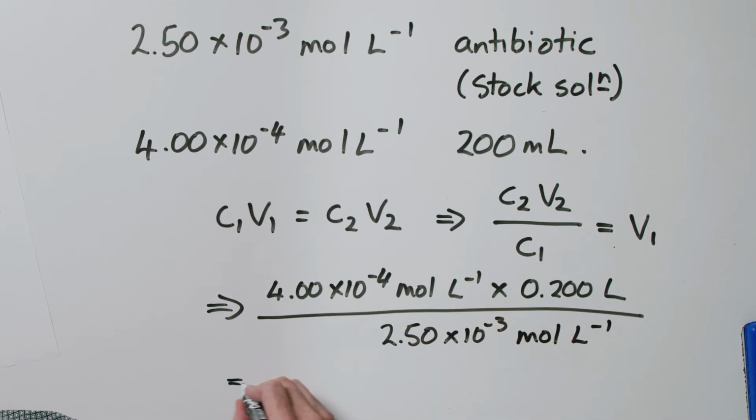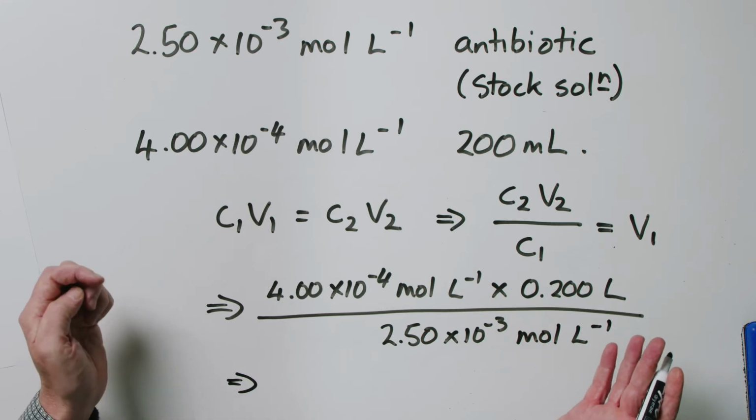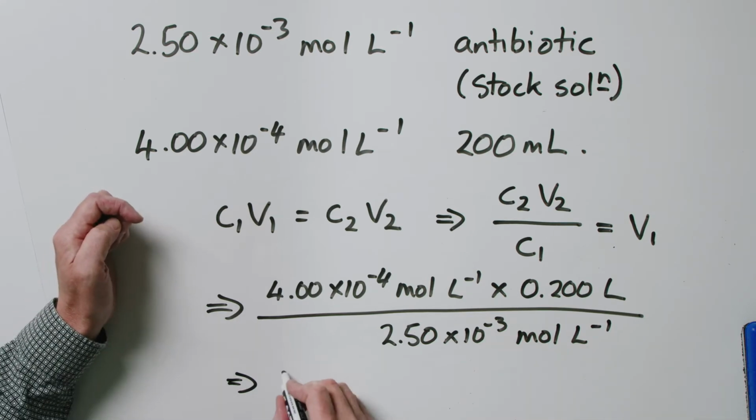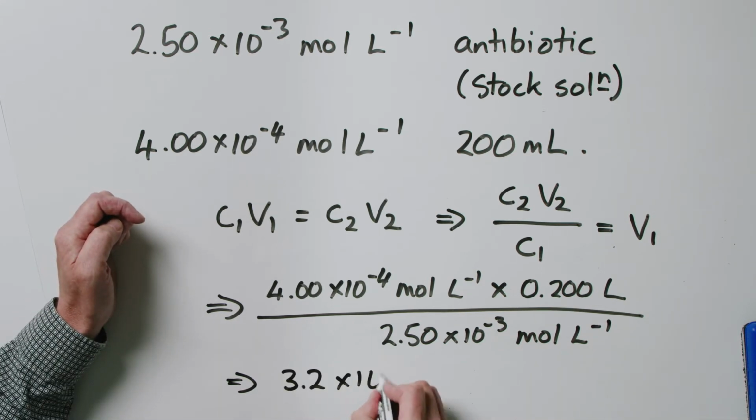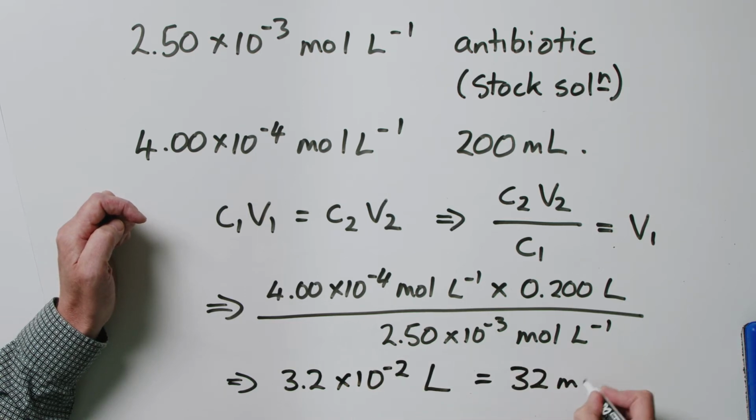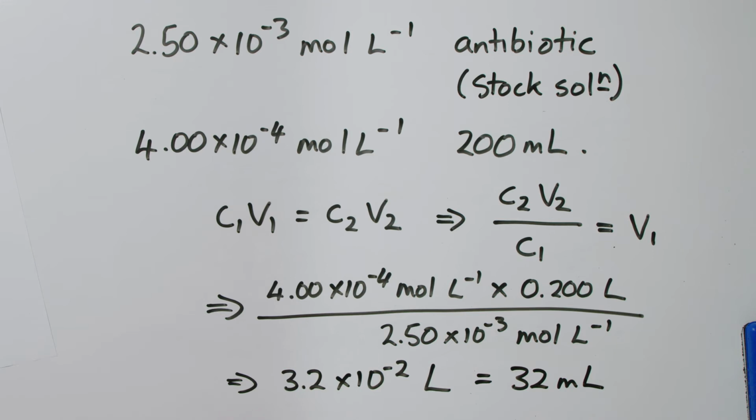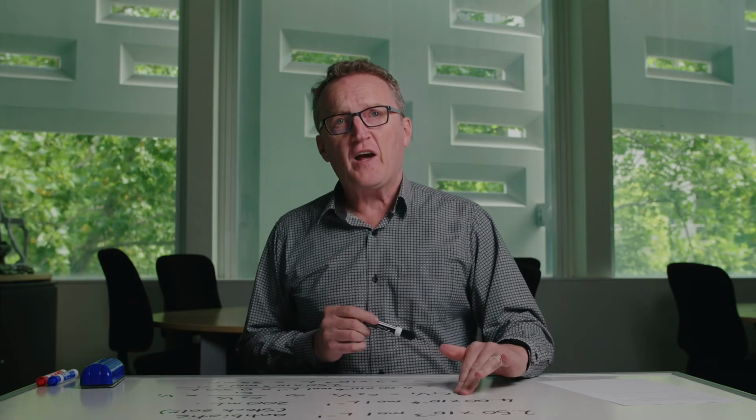And if you do the calculation, you have to get the same answer, okay? And that comes out as 3.2 times 10 to the minus 2 litres, and that's the same thing as 32 millilitres.